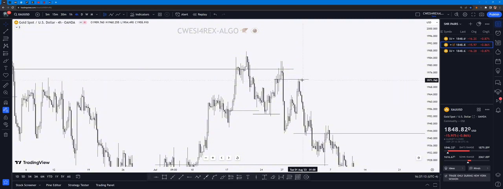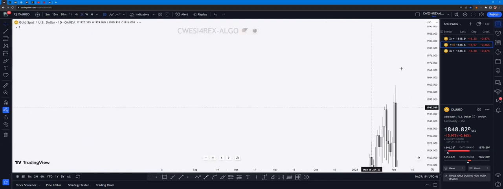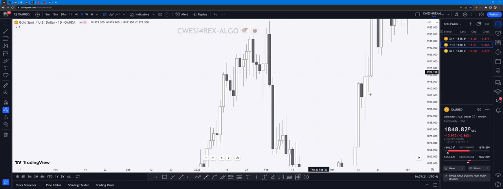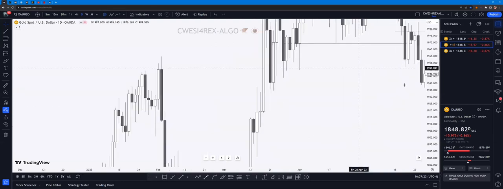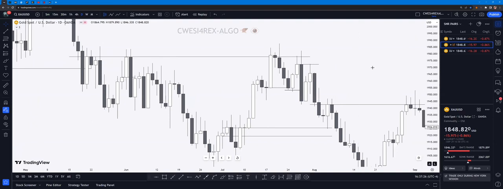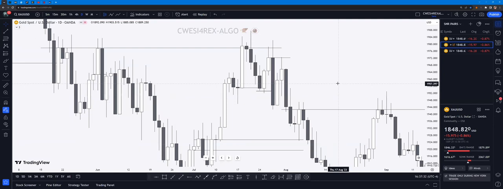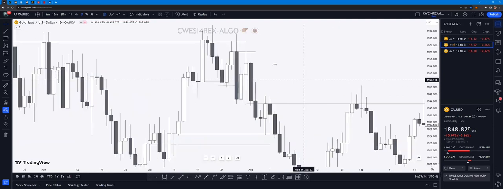Extra confluence to take this entry. You understand? Okay. So I'm explaining to you guys, in every time frame storyline, there is another what? Time frame storyline within that same time frame. Okay. So let's move to this level over here.